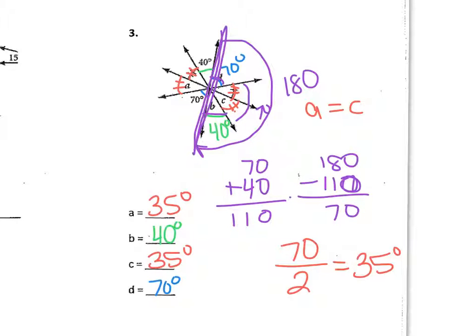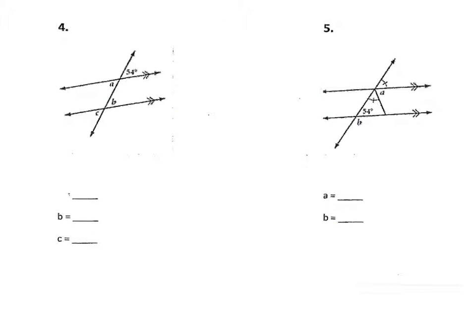That was a tough one. All right, let's take a look at a couple more. Oops, I noticed this came off, so let's just write this in. This should be angle A. First of all, I noticed that 54 degrees is vertical with angle A, so angle A must also be 54 degrees. Let's see, what else do we notice in this picture?